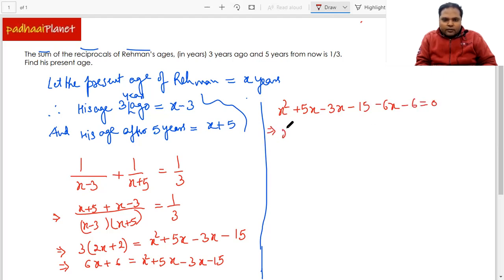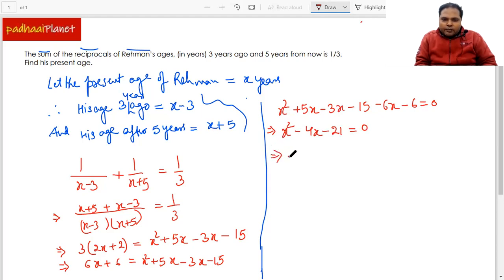Now let's further simplify it. So this is like 2x from here, and this minus 6x. So it's like minus 4x, right? And then we get minus 21 is equal to 0, right?